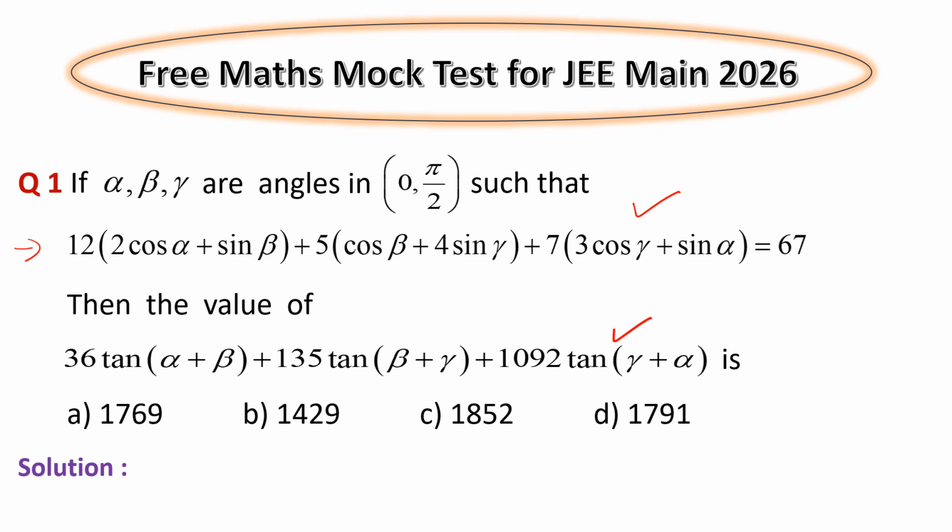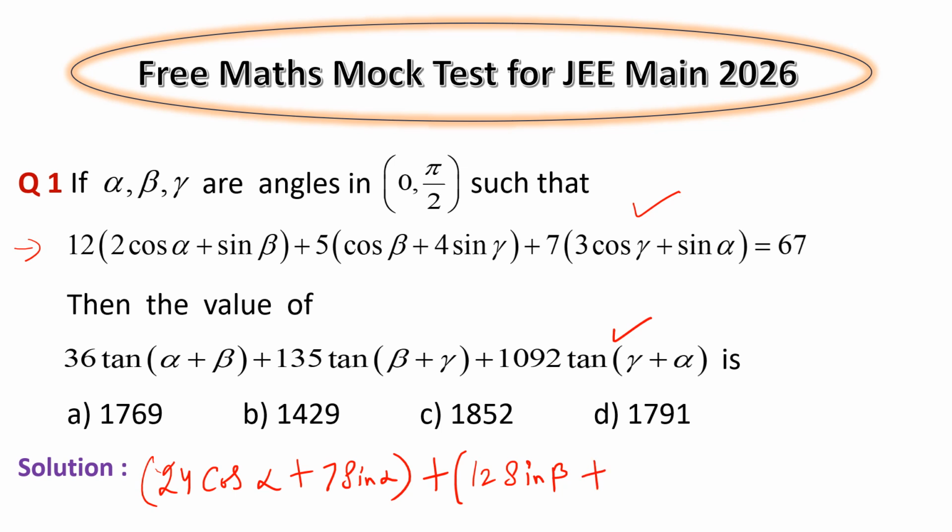I am rewriting them as (24 cos alpha plus 7 sine alpha) plus (12 sine beta plus 5 cos beta) plus (20 sine gamma plus 21 cos gamma), and this is equal to 67.